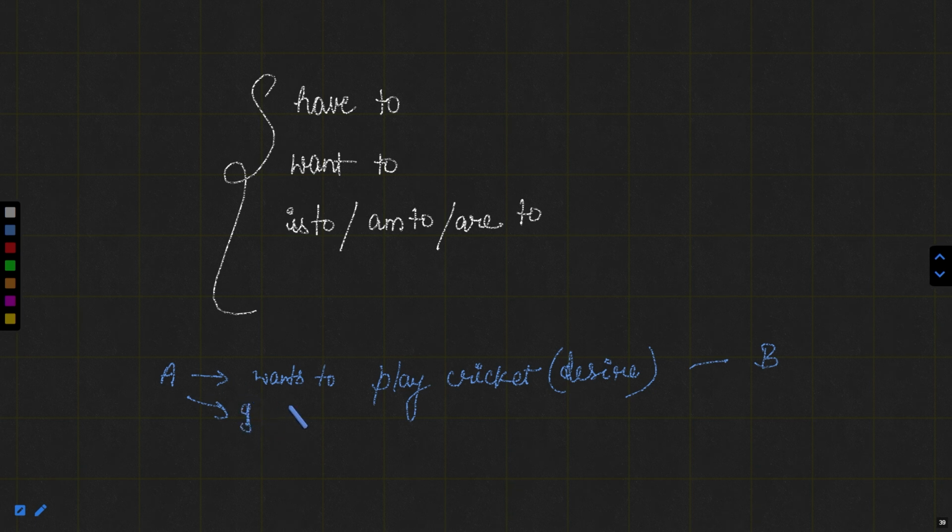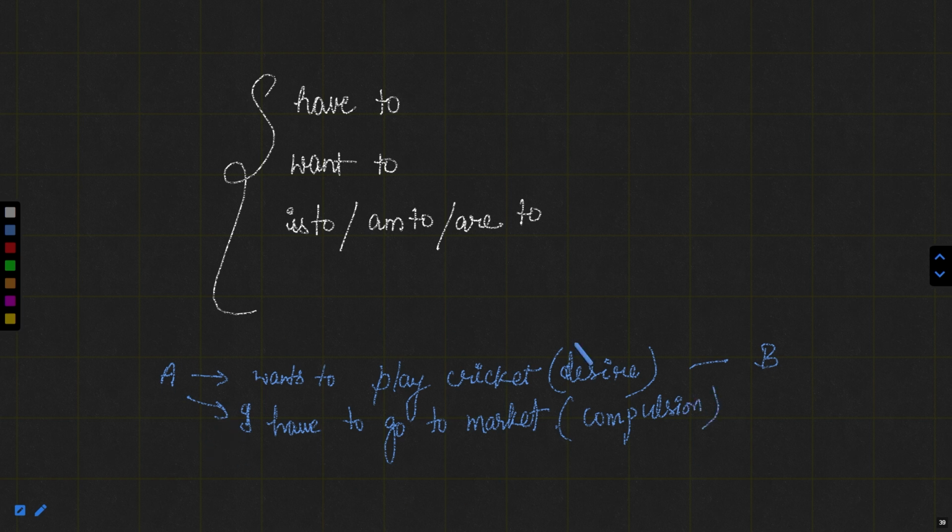Now A said that I have to go to market. Now what happens? A said to B, no, I have to go to market. It means it is his compulsion. There is some work, so he has to go to market. So this shows that it is compulsion, that he has to do this work.